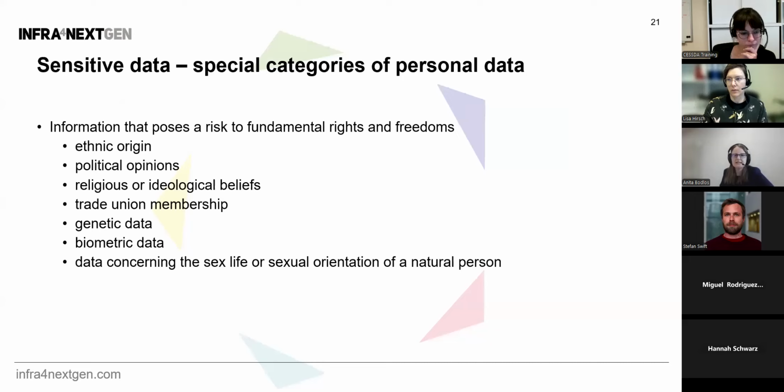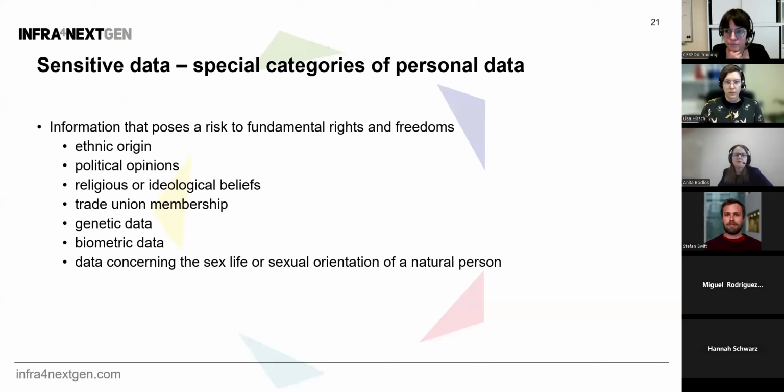Sensitive data is a special category of personal data, which requires you to treat this data with even more care. Sensitive data is any information that poses a risk to fundamental rights and freedoms, and that comprises ethnic origins, political opinions, religious or ideological beliefs, trade union membership, genetic data, biometric data, or data concerning the sex life or sexual orientation of a natural person.